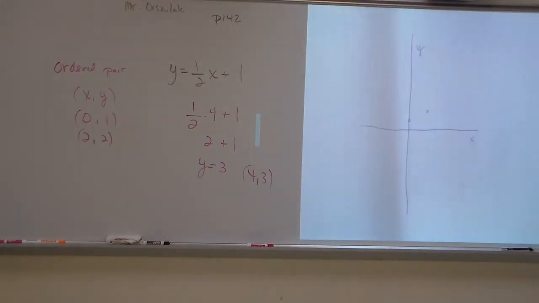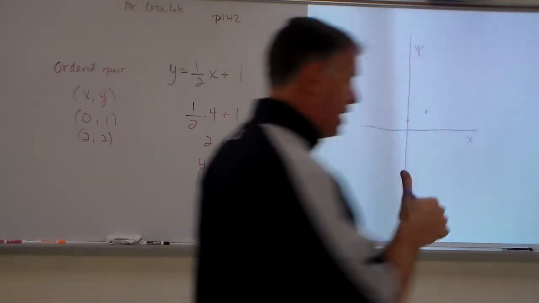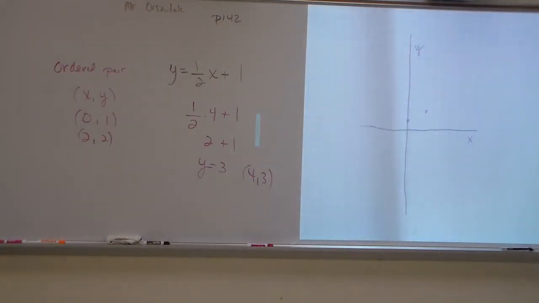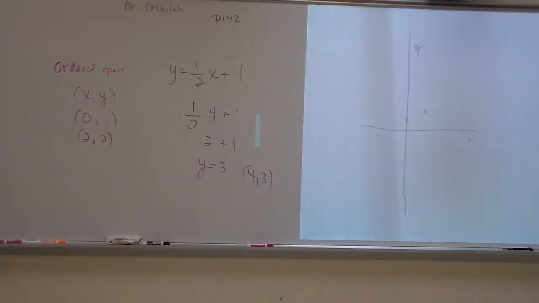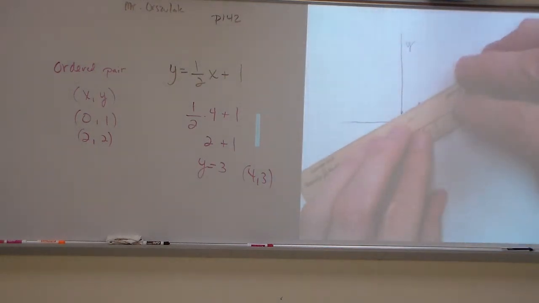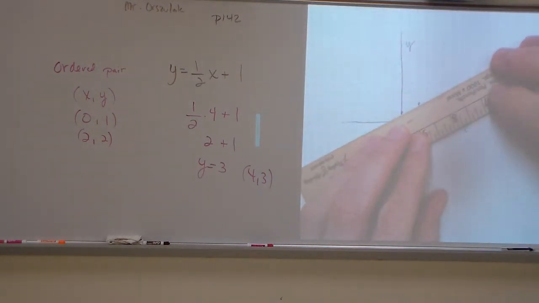And I am going to make a straight line with that. To make sure that I make a nice, exact straight line, I'm going to use a ruler. You could always use the side of your book. You could use anything that's straight that's going to make a nice, straight line.